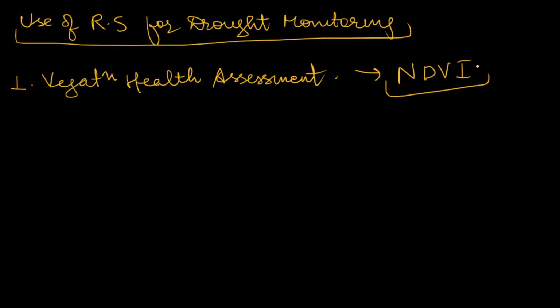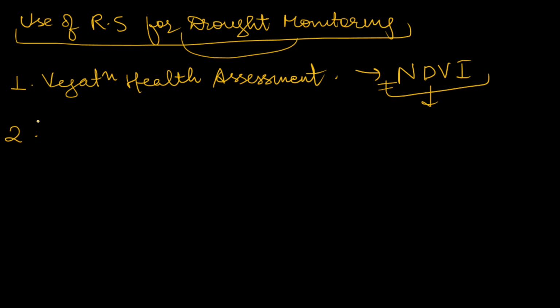By calculating NDVI, we can get to know about vegetation health and stress levels. Suppose there is drought, then by calculating NDVI we can know how much stress the crops are facing due to the drought.